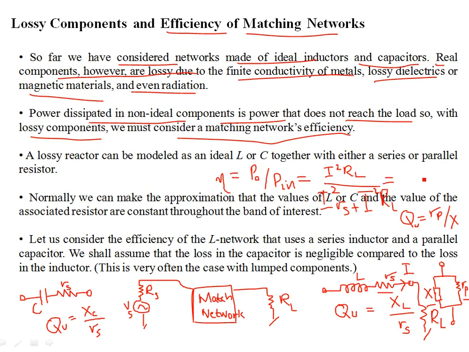Now this can be expressed as 1 over 1 plus RS over RL. If you recall the quality factor associated with the circuit, this is the electrical quality factor of the circuit, and for this circuit I can write the quality factor considering that the inductor is lossless, with no loss associated with it. That is equal to XL, omega L at that particular frequency, divided by RL, so there is no RS.